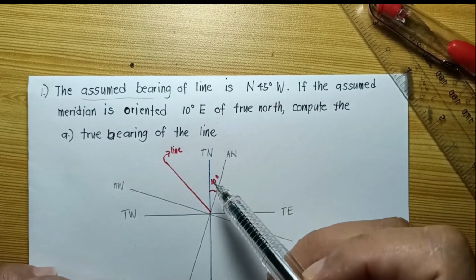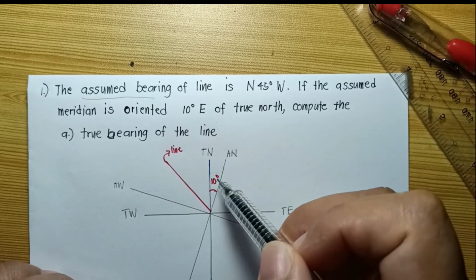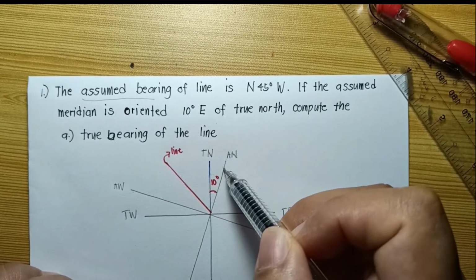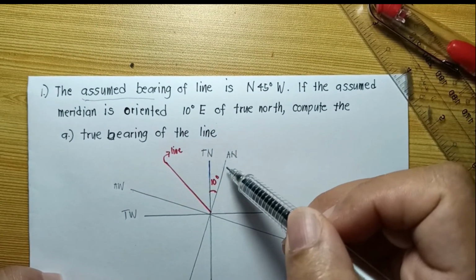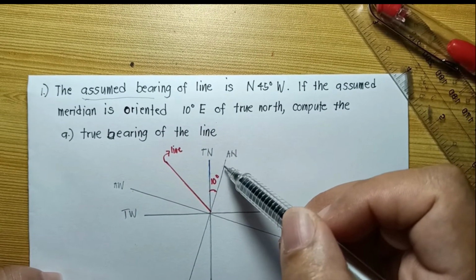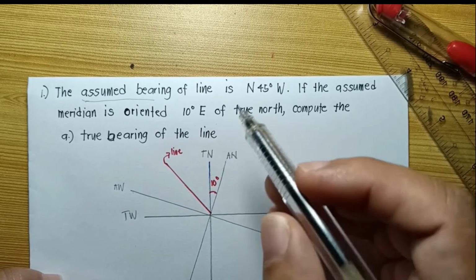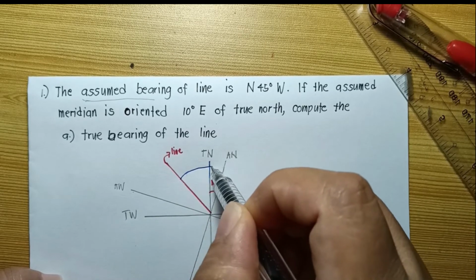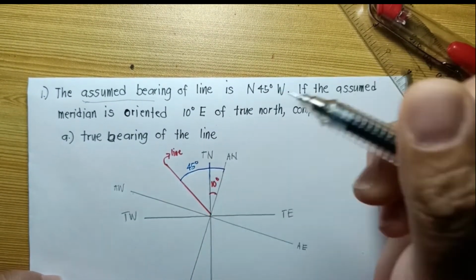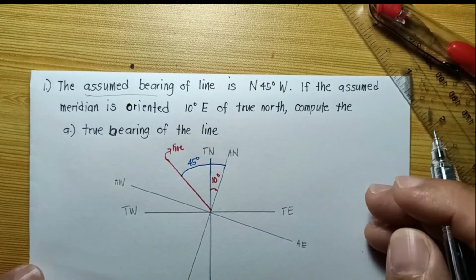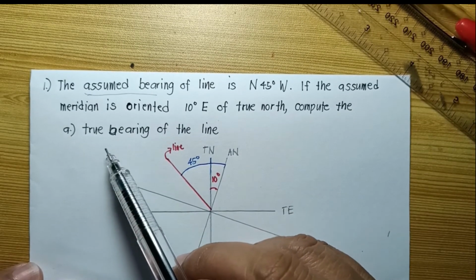So where is the 45? Where does the 45 start? So it should be from the assumed north, because of the statement that it is assumed bearing. So it should be reckoned from the north branch of the assumed meridian. So you have 45 degrees. Now, the required actually is the true bearing of a line.